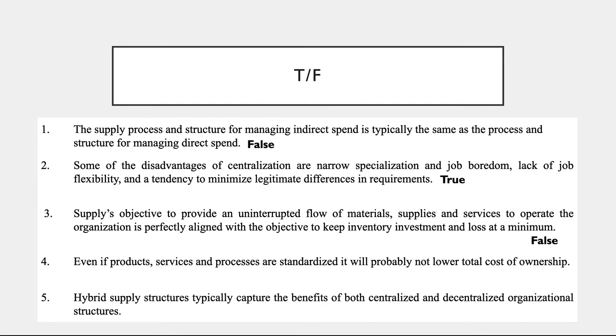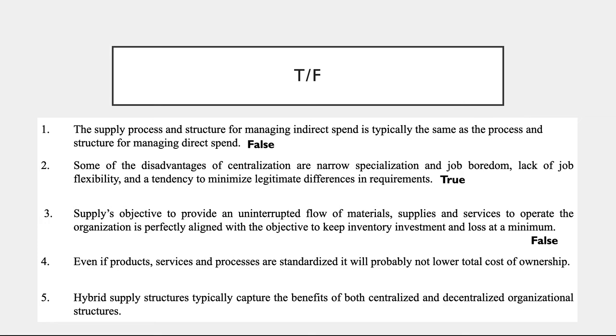Because the two objectives are not perfectly aligned, because inventory assets require use of capital that cannot be invested elsewhere, and the cost of carrying inventory may be 20 to 50% of its value per year. So that's why this statement can be considered false.